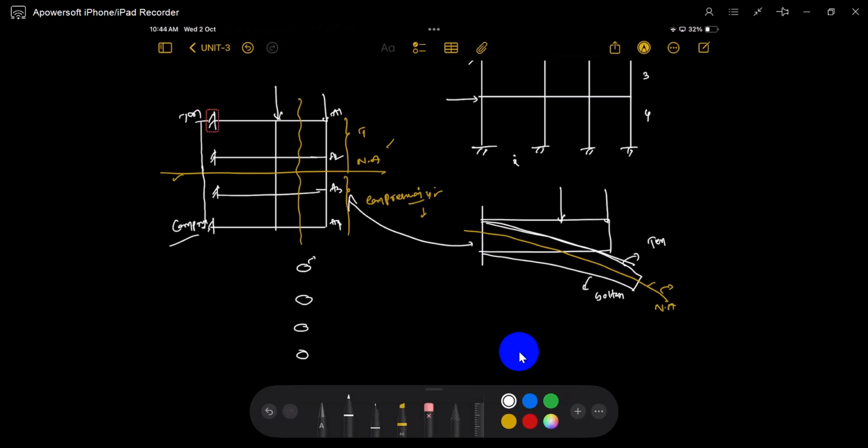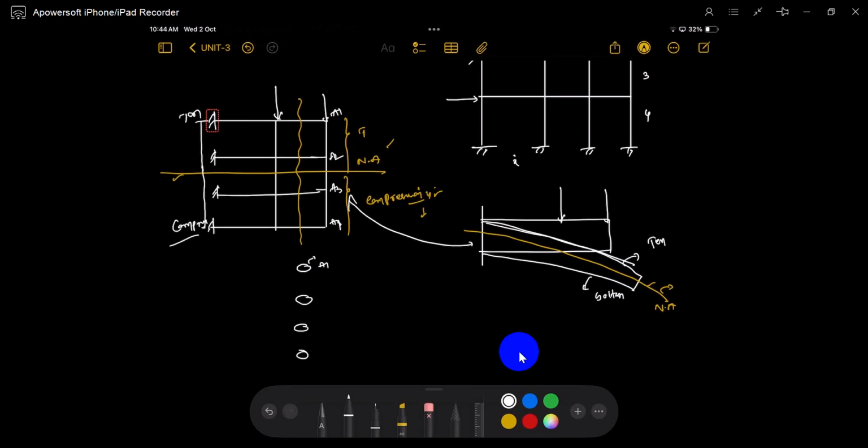Areas may or may not be different. Sometimes all columns have equal areas; sometimes in different analyses, outer columns and inner columns have different areas. So in this cantilever method, the areas of the columns are taken into consideration in the analysis. But in the portal frame, there is no role of the areas of the columns in the analysis of the frame. Here we must take into account those areas of the columns.